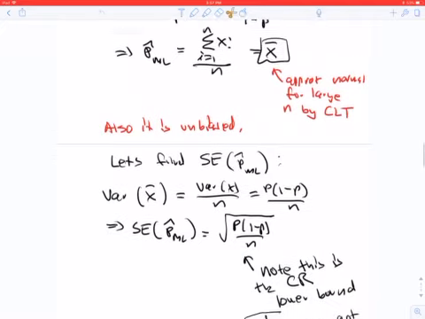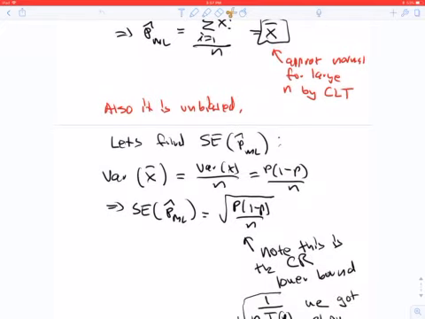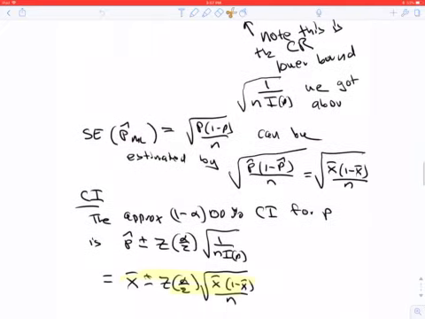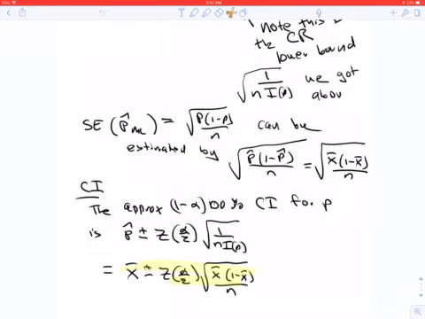Now to find the SE, we can compute the variance, and we see that it is p(1 minus p) over n. So the SE is the square root of that. And so this actually is the CR lower bound. So everything is consistent with the theory that we gave above. And we can also give the CI once we approximate the SE.